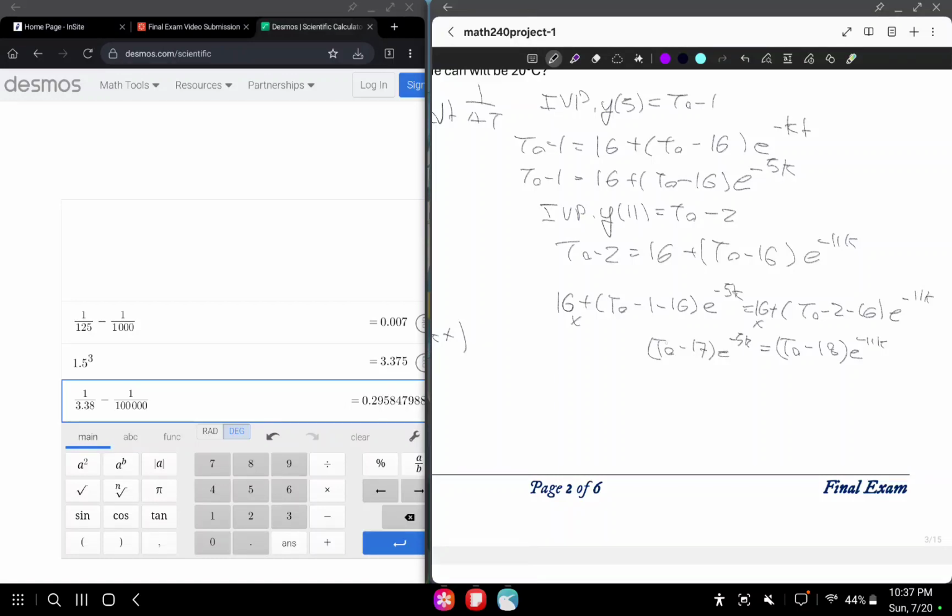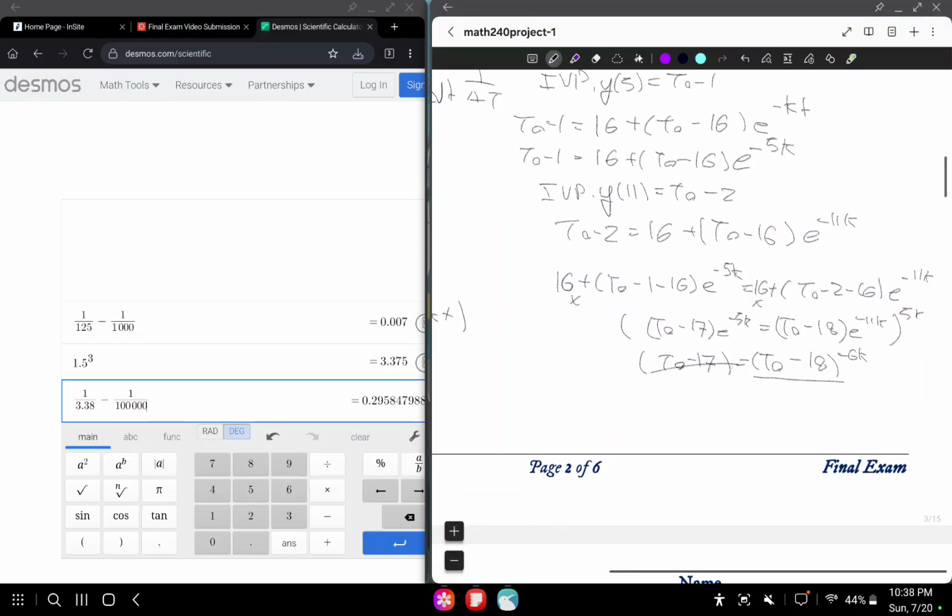Multiply these, eliminate the 5. So 5k, T0 minus 17 is equal to T0 minus 18 times negative 6k. Solve for k.